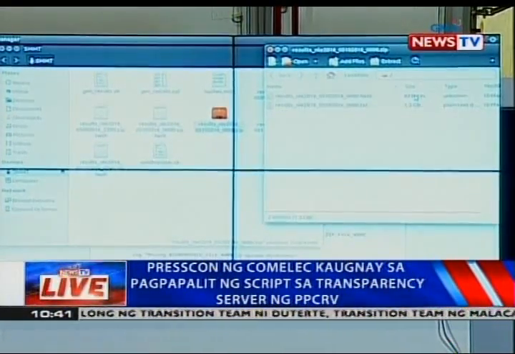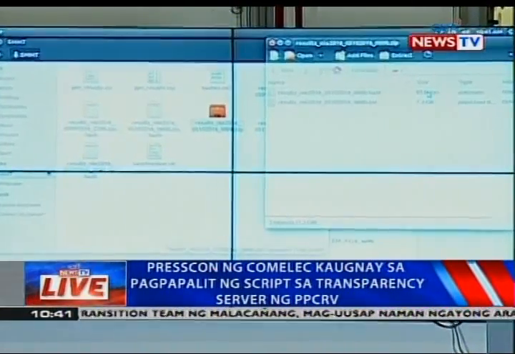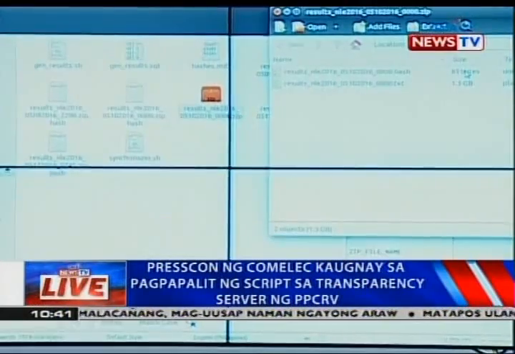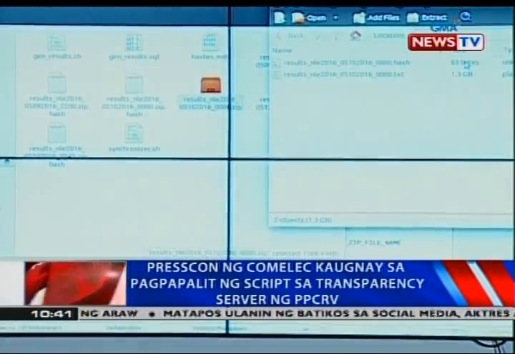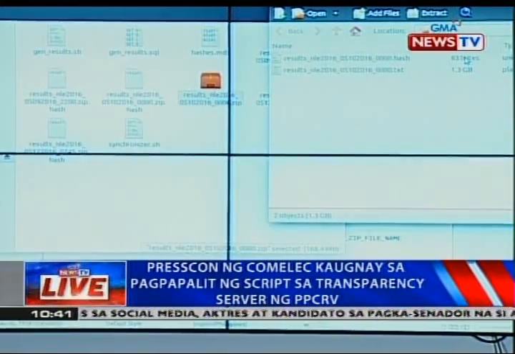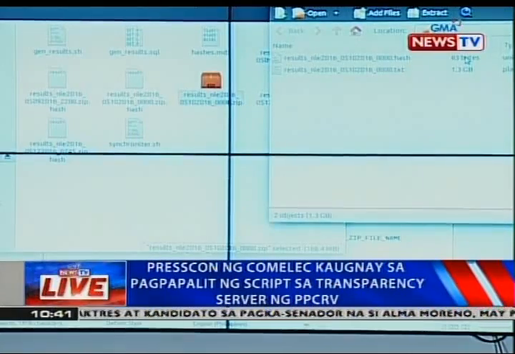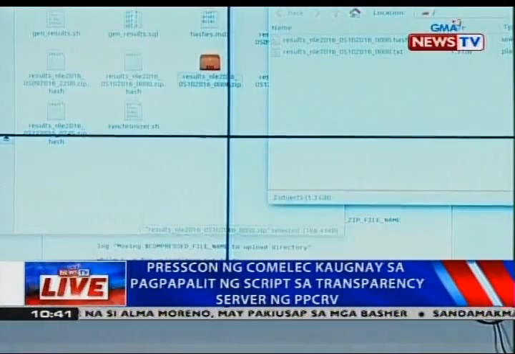Since it is so big, we had to compress it in order to make it more manageable for everybody. Since you had to give the results in real time to your different networks, if we give you a file that is 1.3 gigs, it's going to take long for you to copy it to the pen drives and to upload it to the servers and process it. So if we compress it, it's going to be faster.